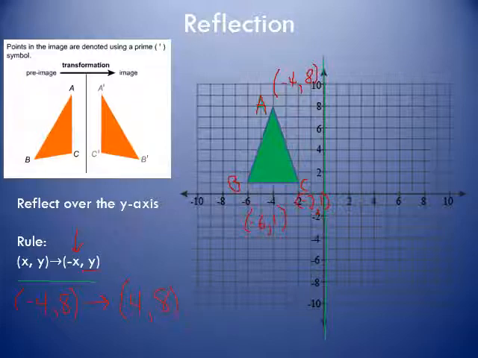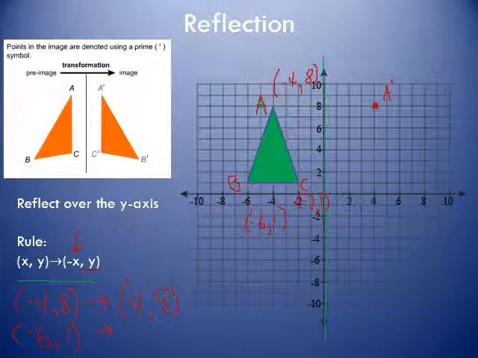So the new location of A, or where we're going to put A prime, would be at 4, 8, which is right here. So I'm going to go ahead and mark that and label that A prime. And then same thing for B. I'm going to do B next. So its initial point was -6, 1.